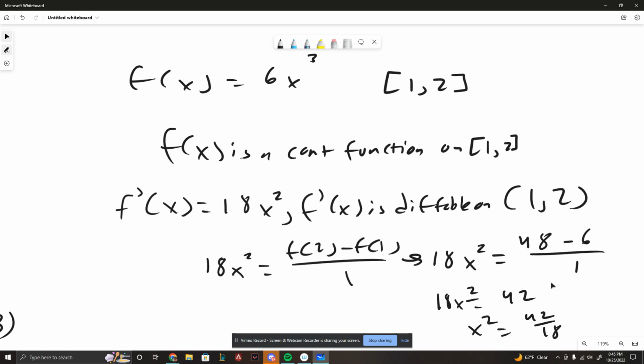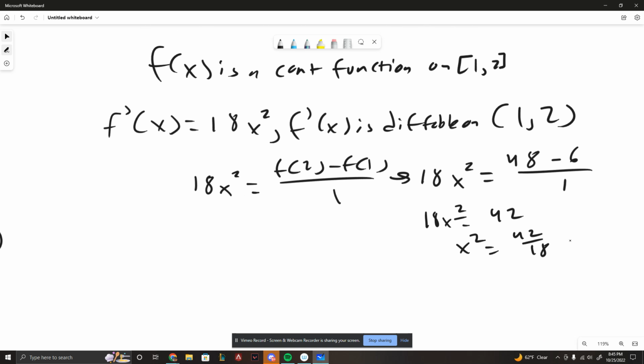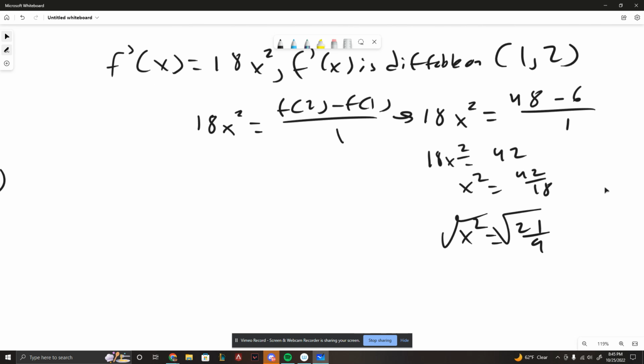We can simplify by 2, so x squared is equal to 21 over 9, and then square root both sides. What we're left with is x equals the square root of 21 over 9, which if we check, the square root of 21 divided by 9 is between 1 and 2.